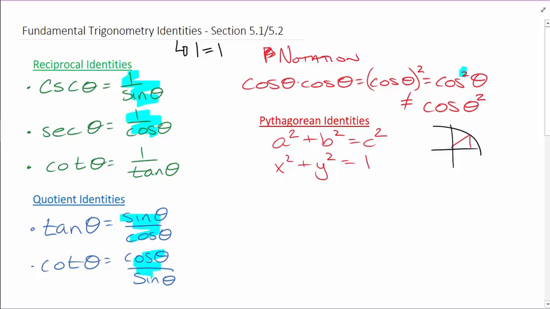And if we square 1, we just get 1. We're going to go a step further with this and develop our first Pythagorean trig identity. X is the same as cosine, so we're going to say that the cosine squared of theta plus y is the same as sine, the sine squared of theta, is equivalent to 1.